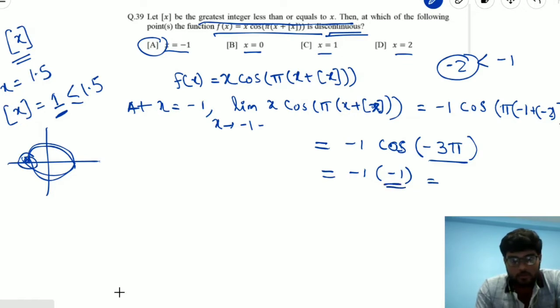So the value will be ultimately equal to 1. So the left hand limit at the point x equals minus 1 is equal to 1.